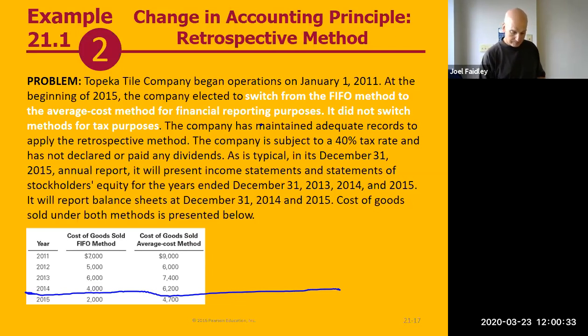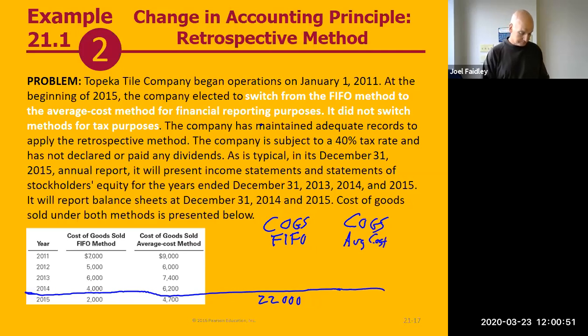All right, so cost of goods sold, FIFO, is $22,000. Cost of goods sold under average cost, $9,000 plus $6,000. I don't know why they don't just round this off to the nearest thousand. 28.6.